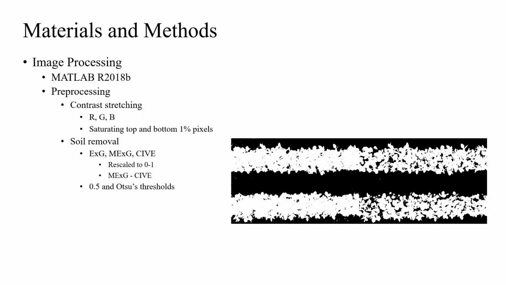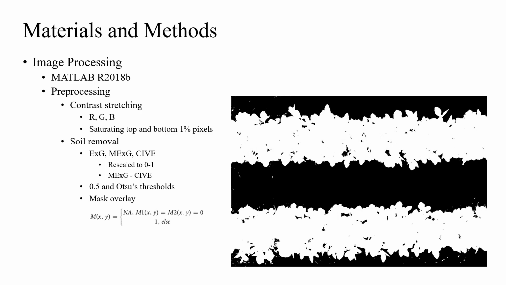2 binary masks were generated by applying a fixed 0.5 threshold to the EXG image and Otsu's threshold to the MEXG CIVE difference image respectively. The 2 masks were then overlaid through a logical OR operation.